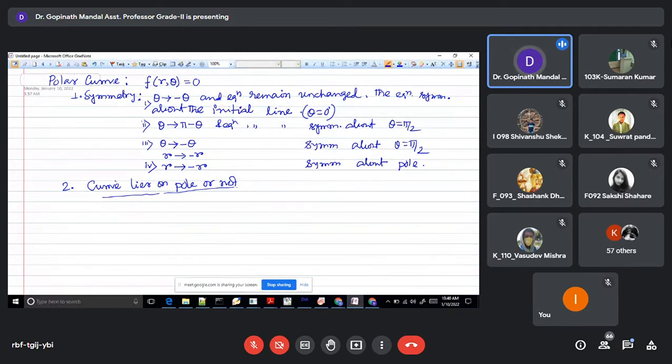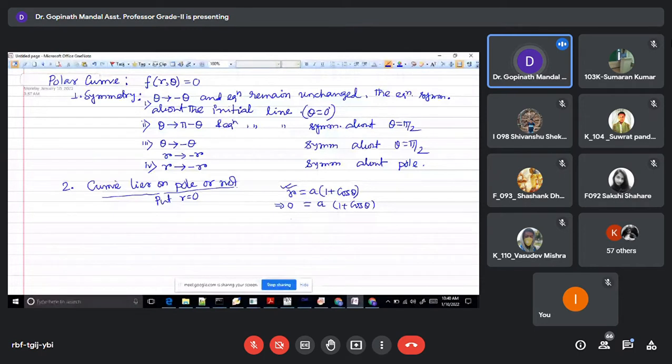So to find that theta, first we put r equal to 0. Suppose r equal to a into 1 plus cos theta. To check if this curve goes through the pole or not, first put r equal to 0, then find the value of theta.